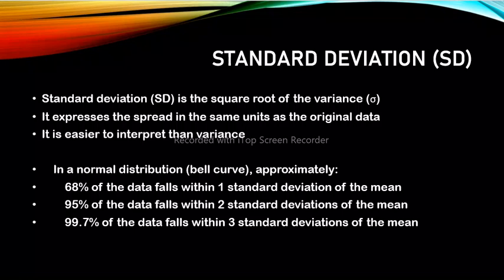As we move further away from the mean, the proportion of data points decreases. Around 95% of the data falls within the second standard deviation, and 99.7% falls within the third standard deviation of the mean. We will cover the standard normal distribution in our coming lectures.